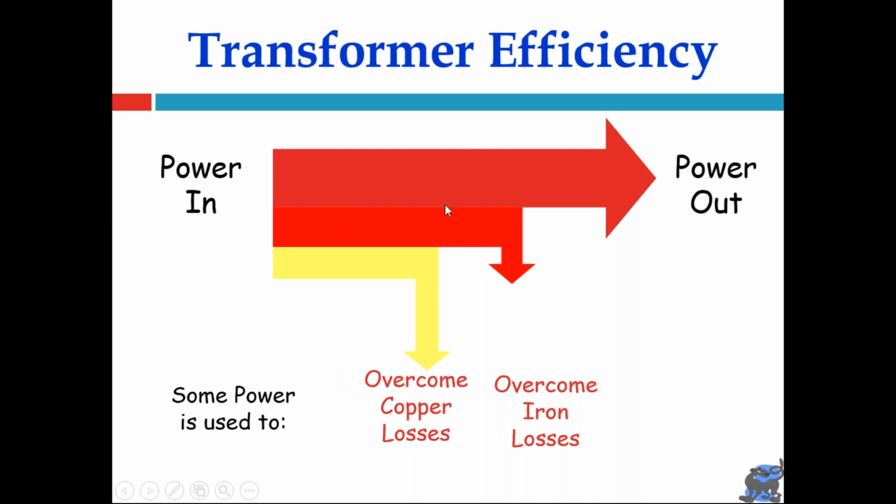Because of these two losses, the 100% efficiency is reduced to 90 to 95%. This is why the transformer efficiency is not 100%: out of 100, some of the power is consumed by iron losses and some by copper losses. That's why we get less than 100% efficiency.